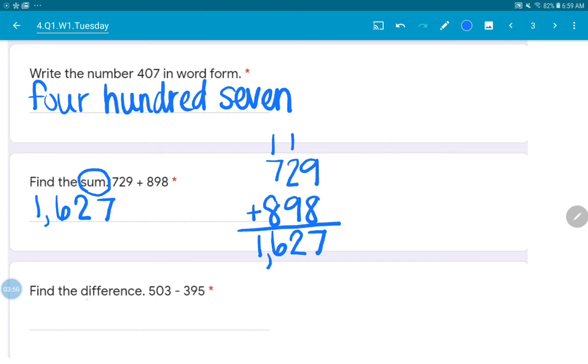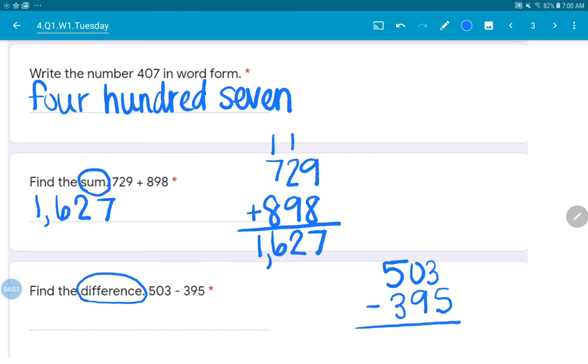The next question asks us to find the difference, which is the answer to a subtraction problem. So I'm going to take 503 and I'm going to take away 395. Now, instead of regrouping here, I'm going to think about 503 as 500.